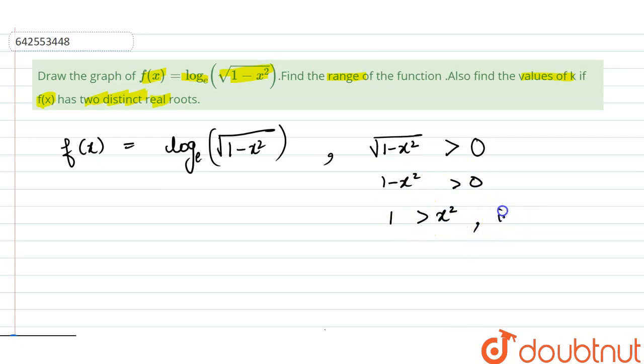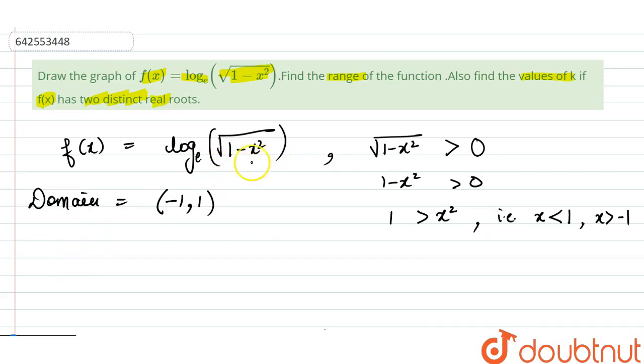That means x should be less than 1, but it should be greater than minus 1. So domain of the given function is open interval minus 1 to plus 1, in which this function is defined.